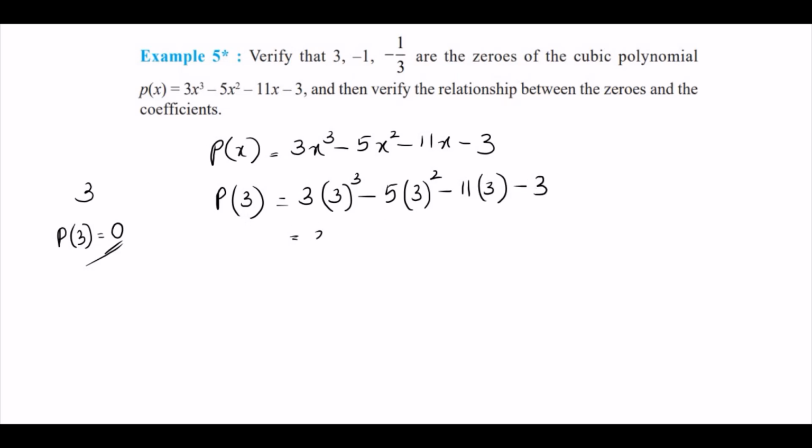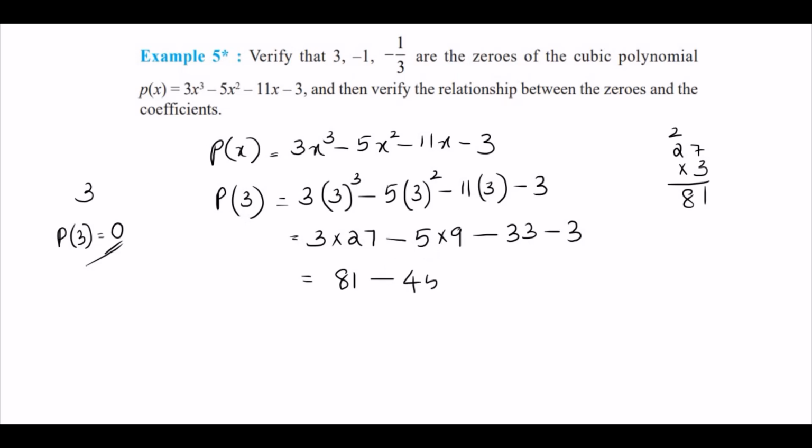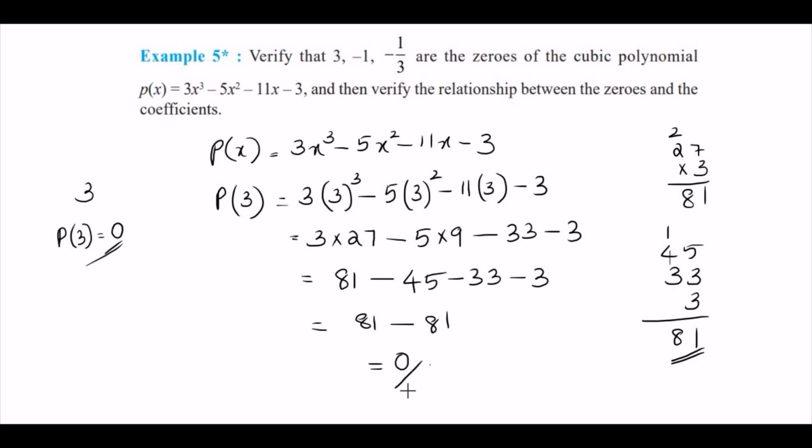So that is 3 into 3 cube is 27, minus 5 into 3 square is 9, minus 33 minus 3. That is 3 into 27 is 81, minus 9 into 5 is 45, minus 33 minus 3. So you take the sum of these three numbers. So you can write 81 minus 81, that is equal to 0. So 3 is a zero of this polynomial.